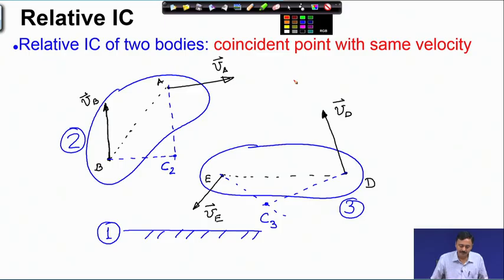Now, this point may lie outside the physical domain of the two bodies. For example, I take this point, let us say this is a test point, let me call it G.